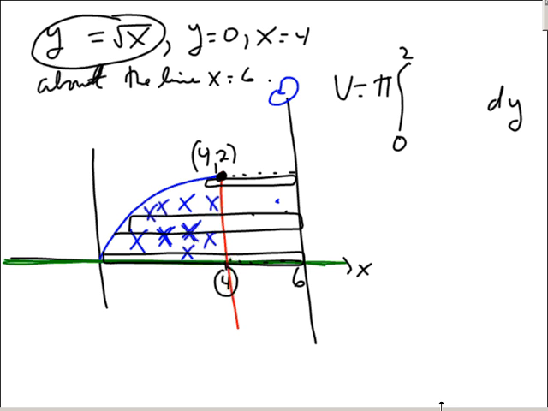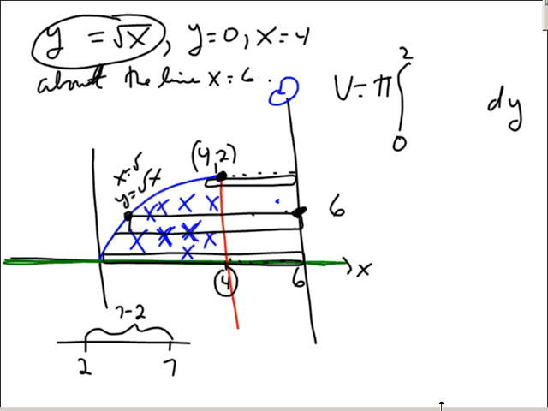Now, to find the length of anything horizontal, it's the right minus the left. If I ask you how long is it from 2 to 7, you're going to do 7 minus 2. Well, the right end point is 6, and the left end point lies on this curve.